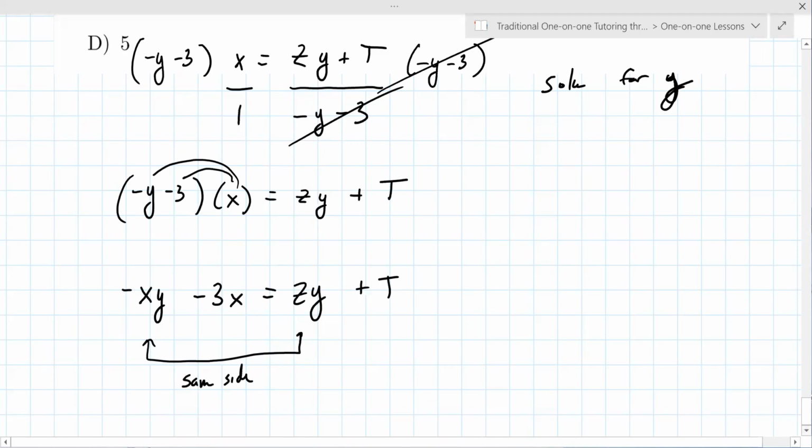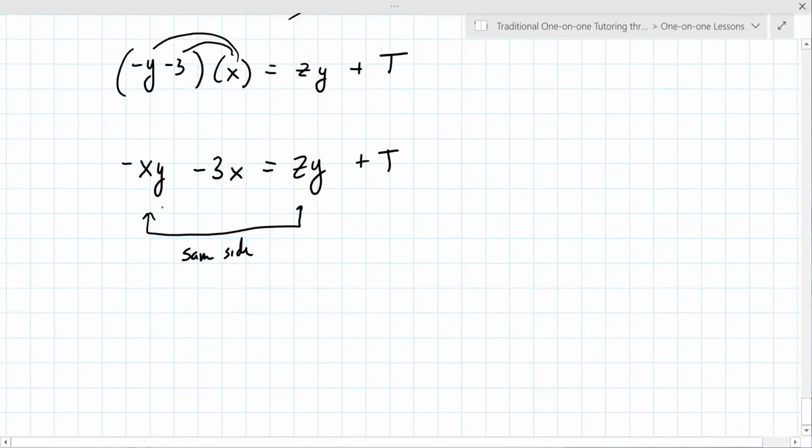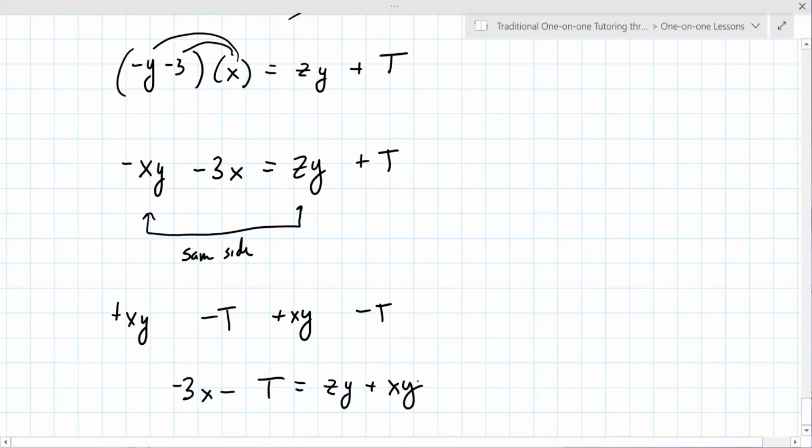This time I'm going to add xy to both sides because you don't want the minus sign. That's just my preference; there's not a wrong way. You also can subtract t from both sides. So it becomes minus 3x minus t equals zy plus xy.